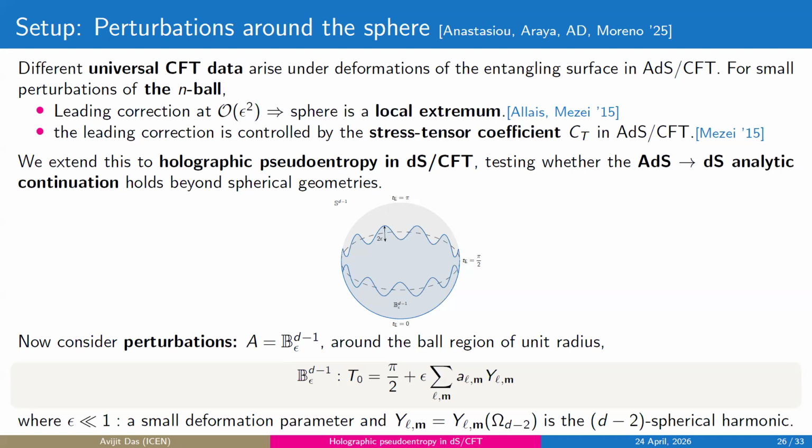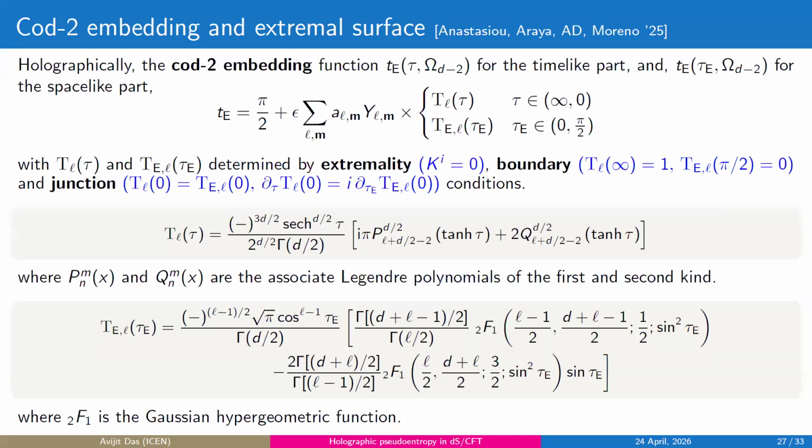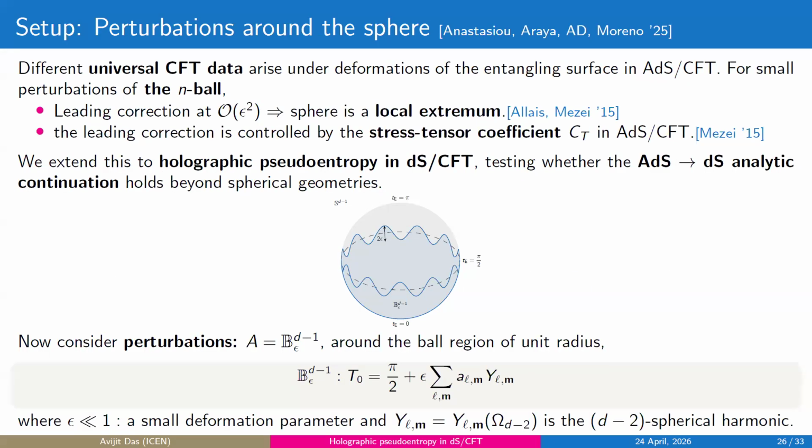And then we want to see what the holographic dual will be, or what the extremal RT surface is for this case. We have seen that the codimension 2 embedding is given by this part, which was like in the boundary but with the bulk component coming up. Initially we had only this part, with no bulk dependence because it was on the boundary.